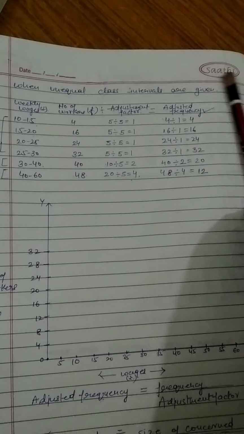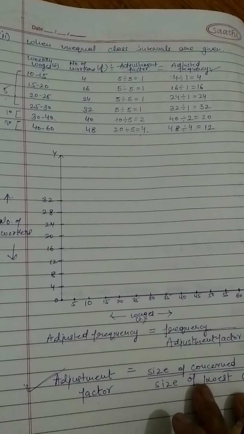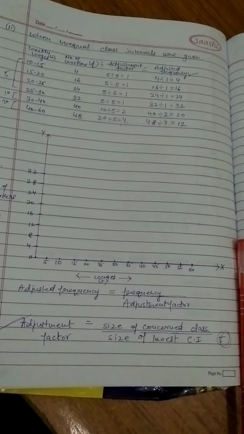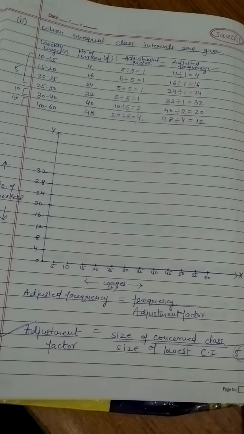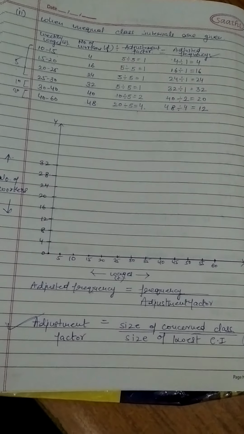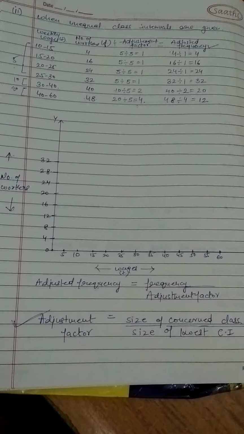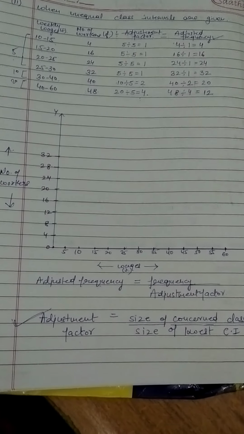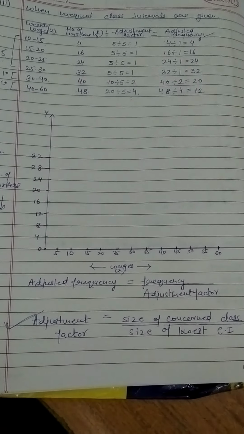So now how will you plot the histogram in case of unequal class interval? I hope this is clear to everyone. This is the whole view of the page. You can see how we solve this question. It is very simple, but the steps you have to keep in mind.